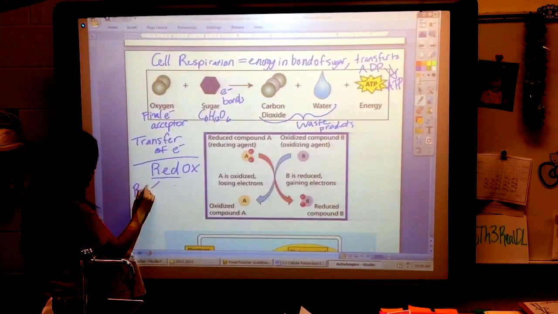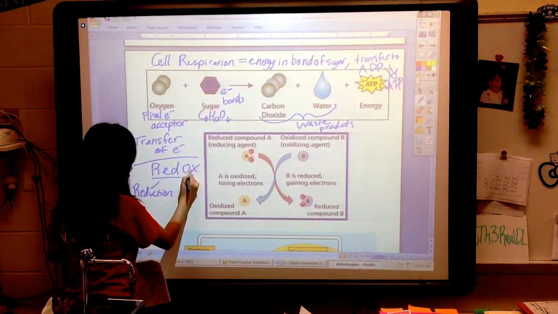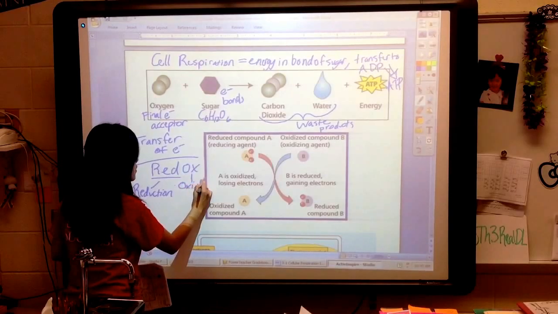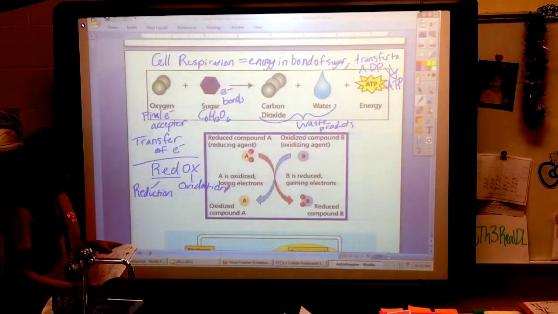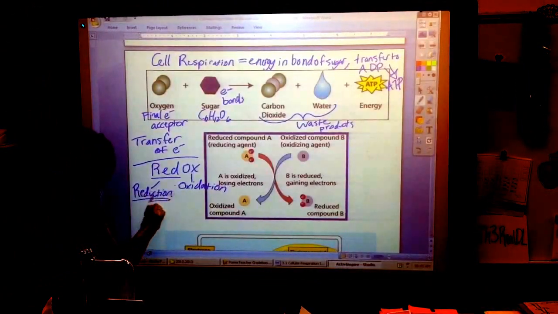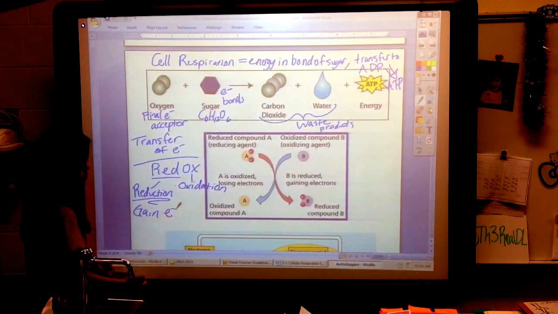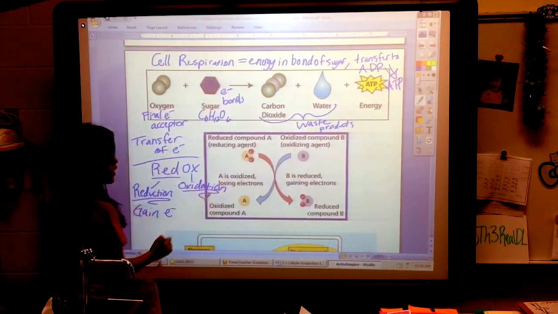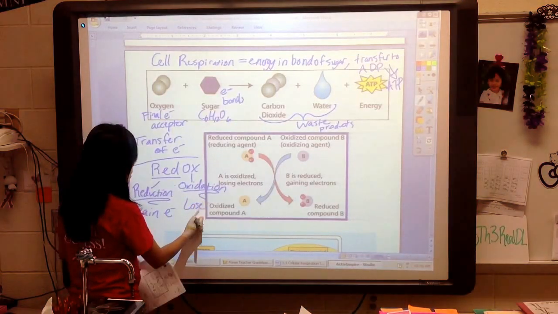Redox stands for reduction and oxidation. In a reduction reaction, what's actually happening is you gain electrons, and in an oxidation reaction, you actually lose electrons.